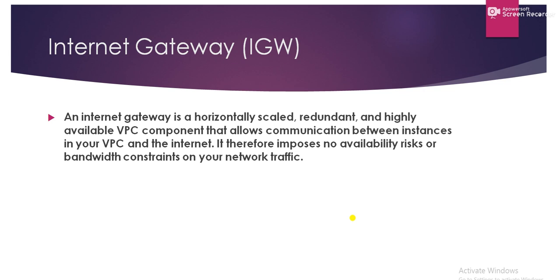The internet gateway is a horizontally scaled, redundant, and highly available VPC component that allows communication between instances in a VPC and the internet. It therefore imposes no availability risk or bandwidth constraint on network traffic. So the usage of the internet gateway is that through it, instances will be reachable from the VPC to the internet. That's it.